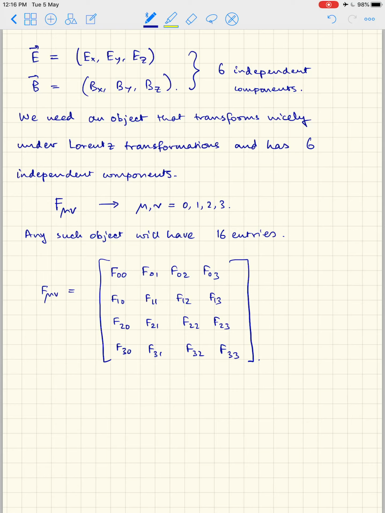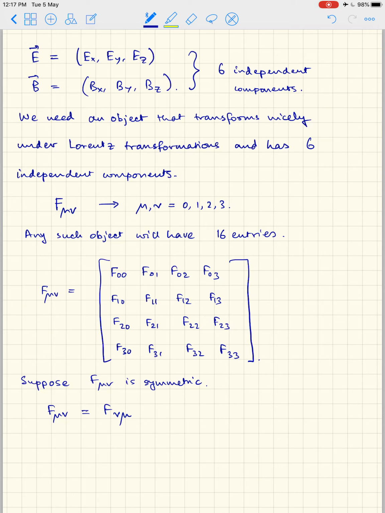Now what are the things that we can do? We can say that this is a symmetric matrix. Suppose F mu nu is symmetric. That means that F mu nu is equal to F nu mu.